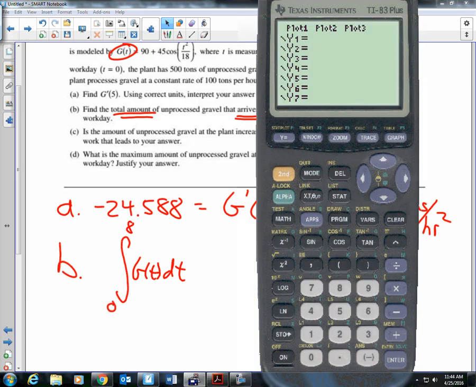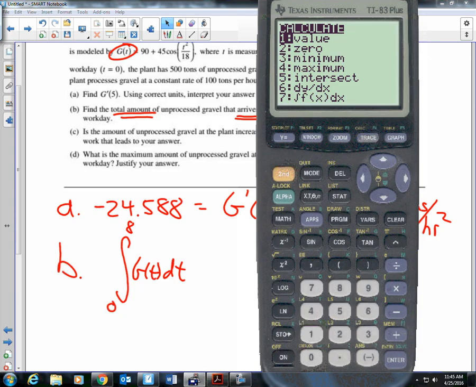So we have 90 plus 45 cosine x squared divided by 18. Okay, and my window is going to go from negative 10. This is the y values and our scale is 1.